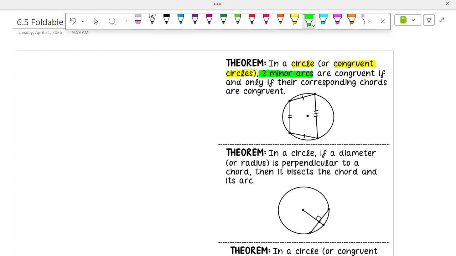It's less than 180 degrees. If two minor arcs are congruent, if and only if their corresponding chords are also congruent, meaning the chords that kind of mark them off are congruent.